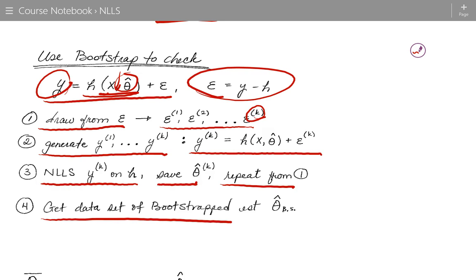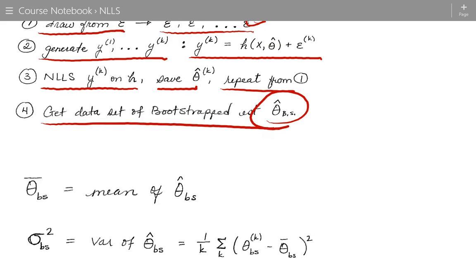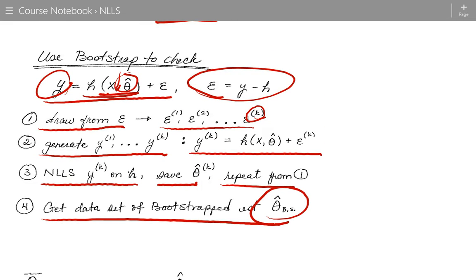Then you would get a set of bootstrapped estimates for theta hat. Now, actually, what I should have done, given my notation, I should have let this be n, and n for sample size.